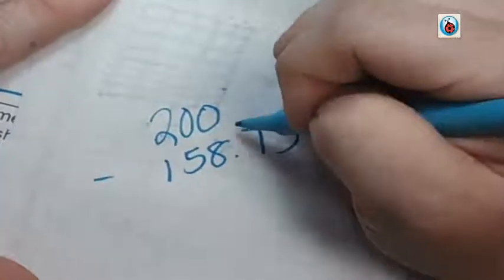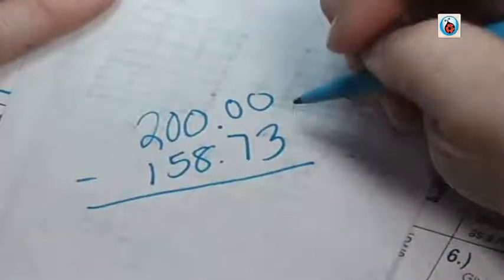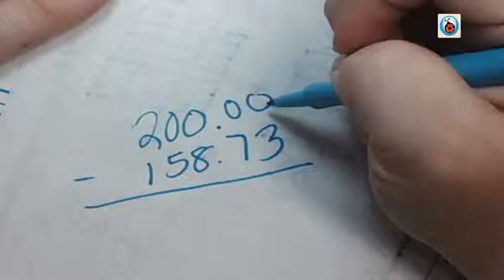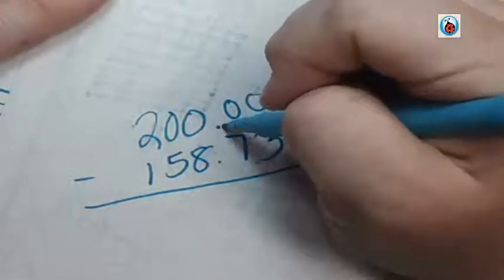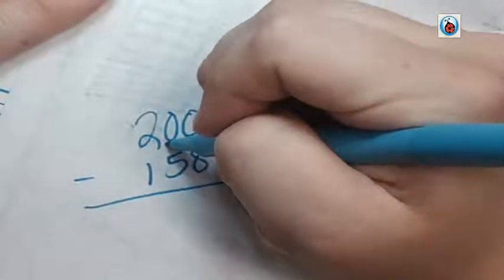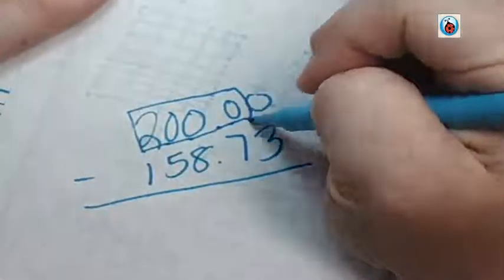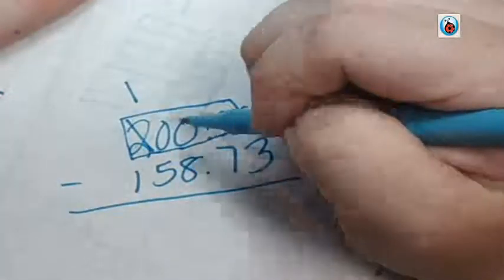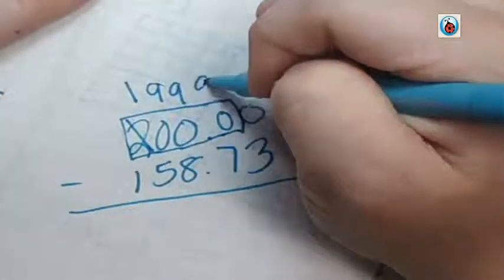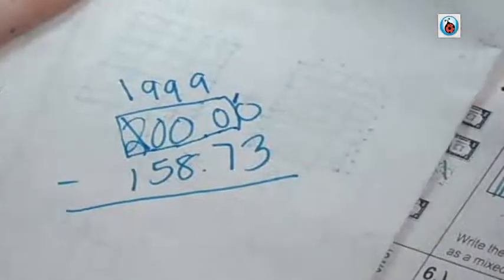Okay, I have to represent that there's no change in my $200 bill. I cannot subtract from 0, so I'm going to start borrowing. Can't borrow from 0, can't borrow from 0, can't borrow from 0. I can borrow from 2. Okay, this is going to become 1. All 3 of these zeros become 9 because I'm regrouping all the way to my ones place.